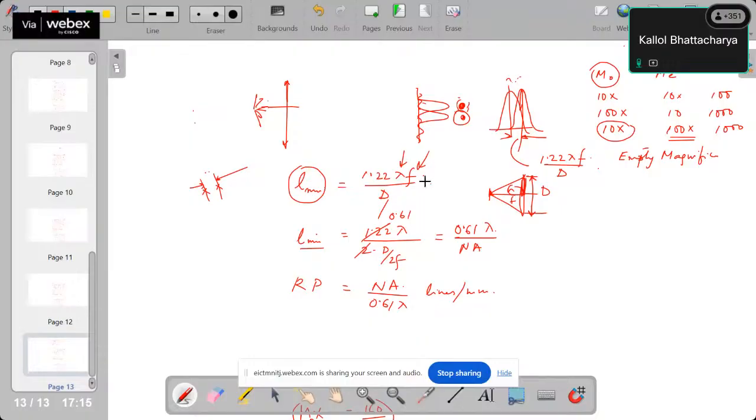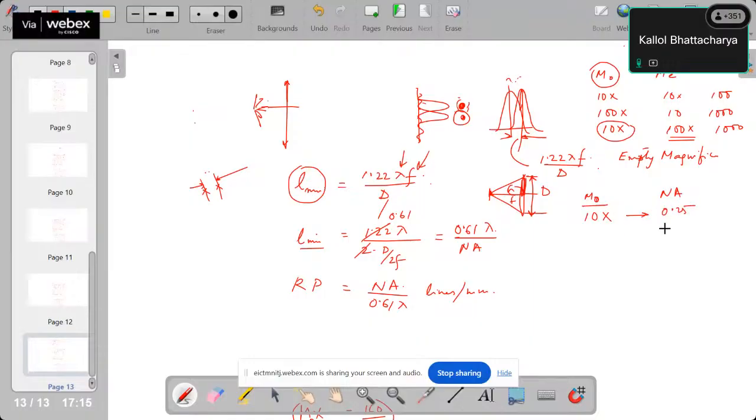Okay, so the resolving power is given by numerical aperture divided by 0.61 lambda, in lines per millimeter. So for a 10x objective, the numerical aperture is standard, 0.25.